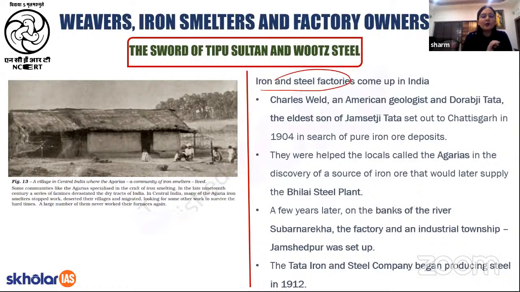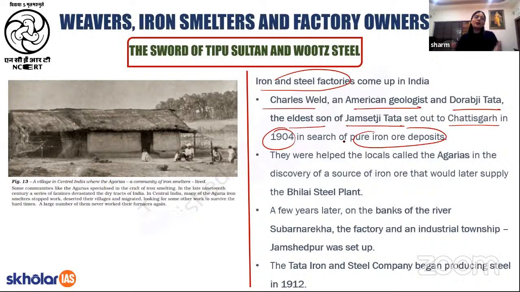Under that, the story goes that there was this American geologist whose name is Charles Weld. And then there was Dorabji Tata, of course, who was the eldest son of Jamshedji Tata. And they had set out to Chhattisgarh in 1904 in search of pure iron ore deposits. Now, students, you all must be knowing that Chhattisgarh is very rich in their iron ore deposits.